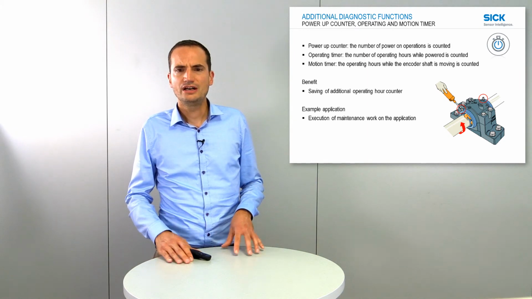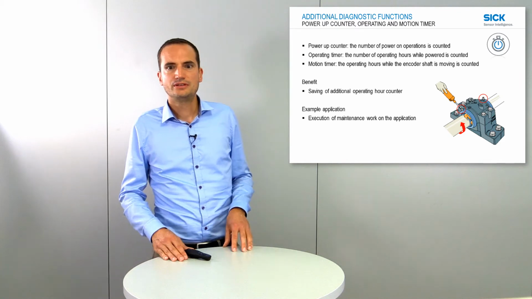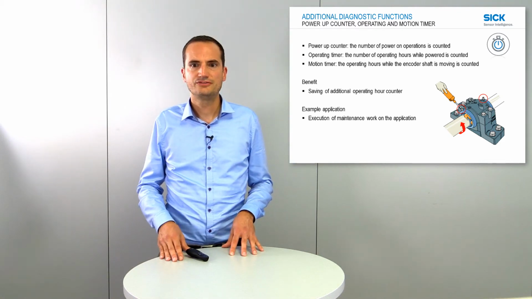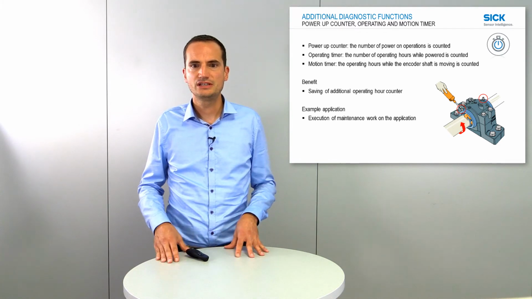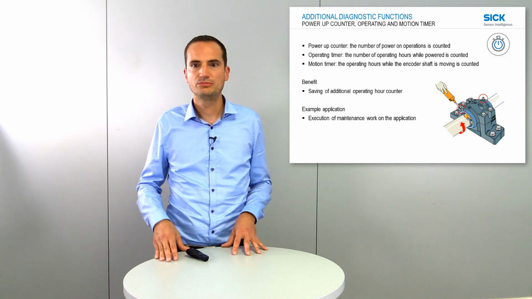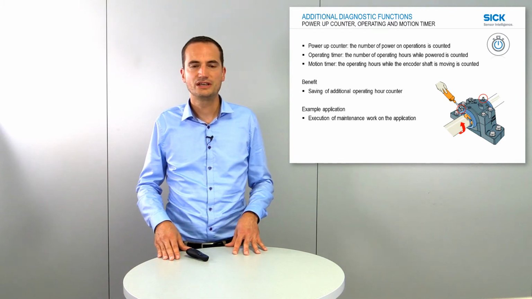After a certain number of operating hours on power, the monitoring of components which have a limited lifetime according to electrics can be realized, or after a certain time of motion, you can monitor the components which have a limited lifetime according to mechanics.